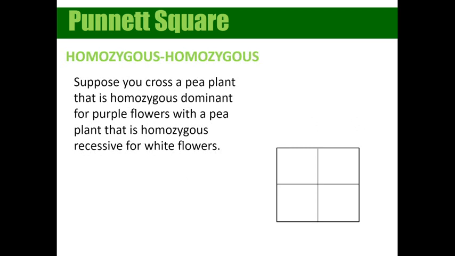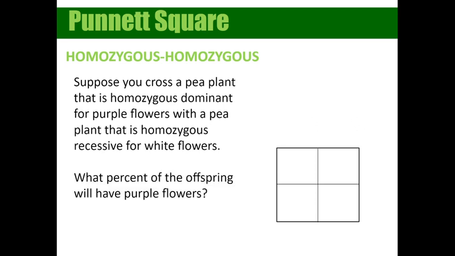Now, suppose you cross a pea plant that is homozygous dominant for purple flowers with a pea plant that is homozygous recessive for white flowers. What percent of the offspring will have purple flowers? What percent of the offspring will have white flowers?